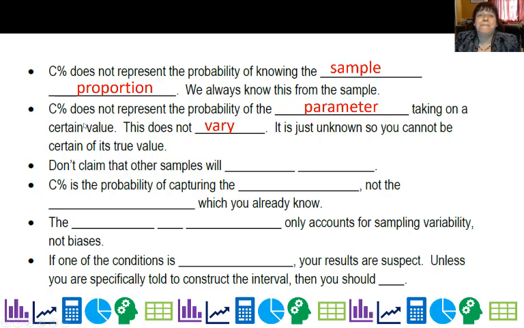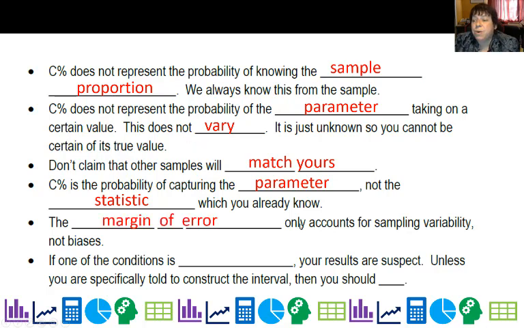The parameter does not vary. It either is or it's not. Okay, so it's just unknown. You can't be certain of its true value. Don't claim that other samples will match yours. Remember that C% is the probability of capturing the parameter, not the statistic. All right, so again, that's kind of related to the top two.